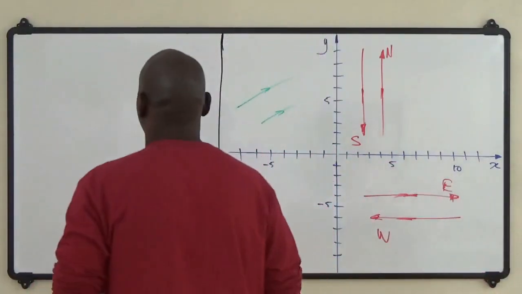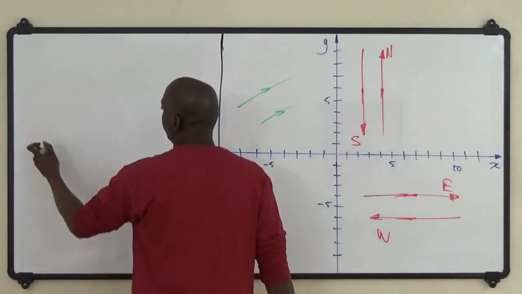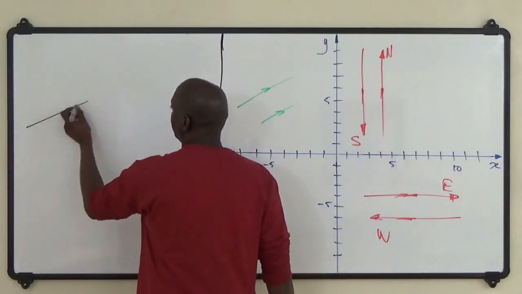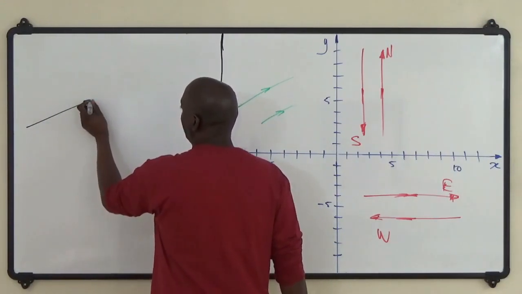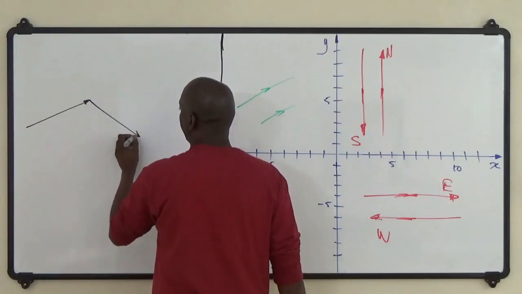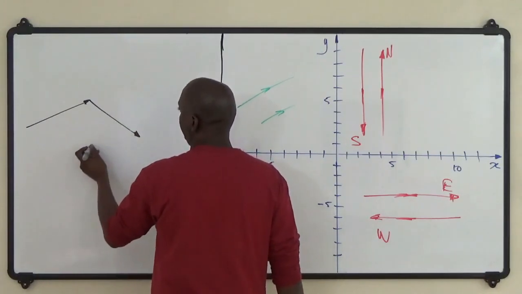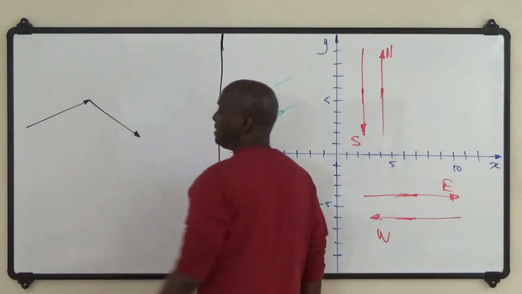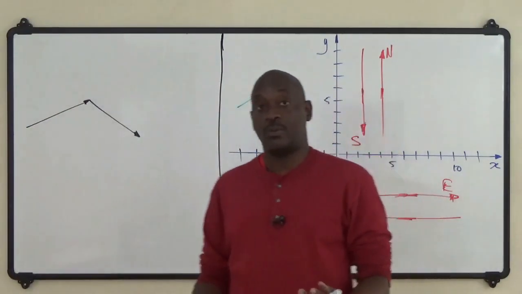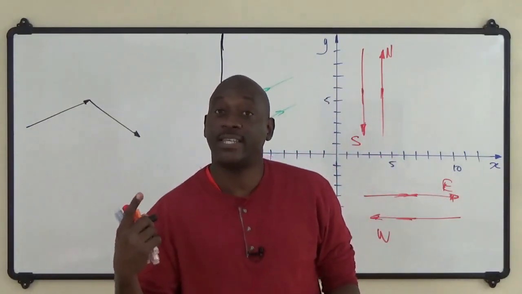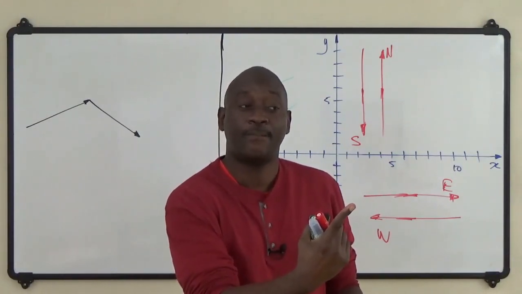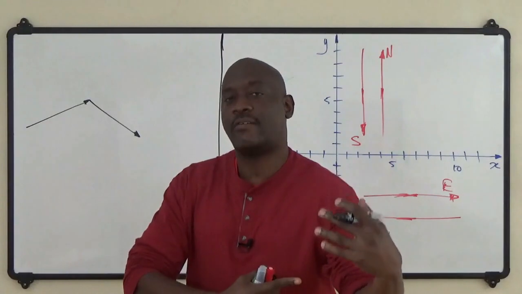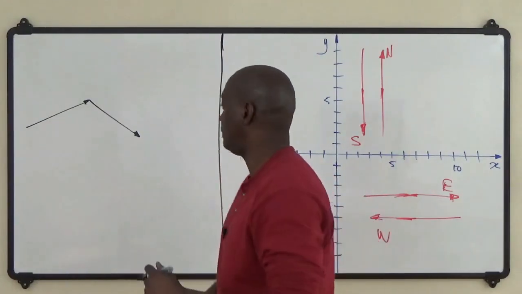So if we do this, if we do that, we move from here to here. And then we move from here to here. We go here and we go here, that's addition. Now, we add if we travel in the same direction. If we're traveling in the opposite direction, that is when we're subtracting.